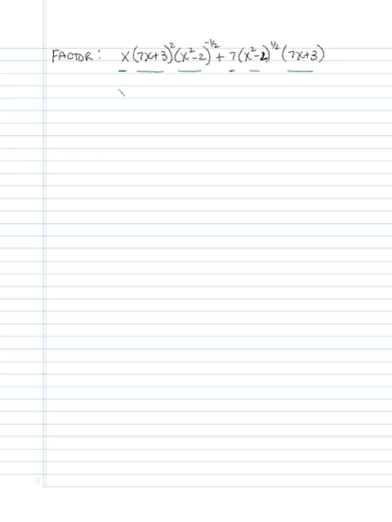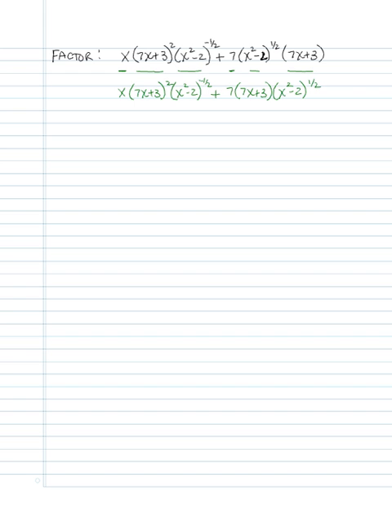I'm going to rewrite this as x times 7x plus 3 squared times x squared minus 2 to the power negative 1/2. And then I'm going to say plus 7, and I'm going to put my 7x plus 3 before my x squared minus 2 to the power 1/2, because that's the same order I have in the first term.